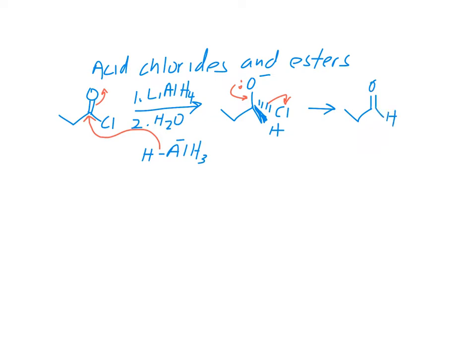And what happens to an aldehyde in the presence of lithium aluminum hydride? It gets reduced, right? We just did that one a couple of slides ago. All right? So we could draw this out again. We have another equivalent of lithium aluminum hydride.